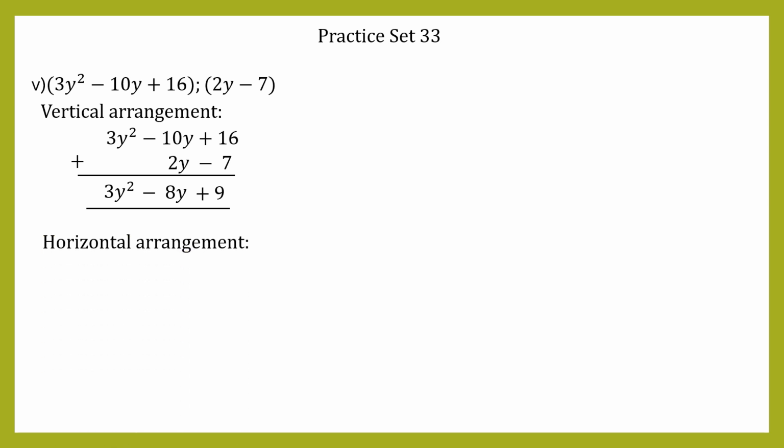Let's go for the horizontal arrangement. First expression, second expression, and in between we will give a plus sign since we need to add them. Now we can write all the terms the same as in the question without any change of sign since we have a plus sign. So we have opened the brackets now.